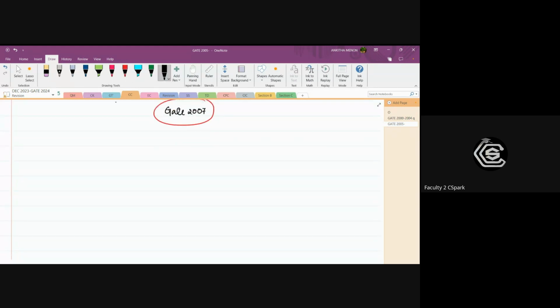So GATE 2007, the 15th question. The ground state term for vanadium plus 3 is option A, it's a triplet F. Option B, it's a doublet F, a triplet P, or a doublet P. Vanadium 3 plus, what is the d electron configuration?